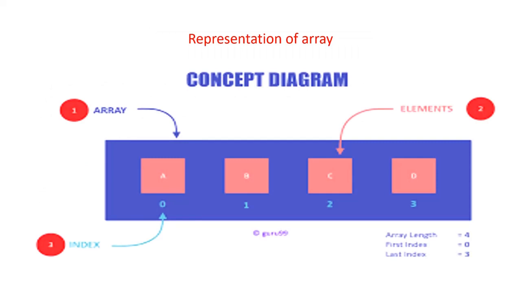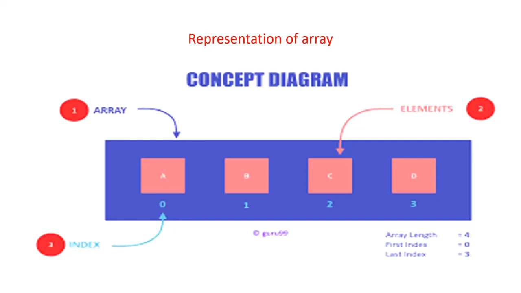Representation of array. An array is a collection of 4 elements A, B, C, D stored at the index 0, 1, 2, 3. So here array is the name of the array and A, B, C, D are the elements of the array. Here 0, 1, 2, 3 are the indexes.